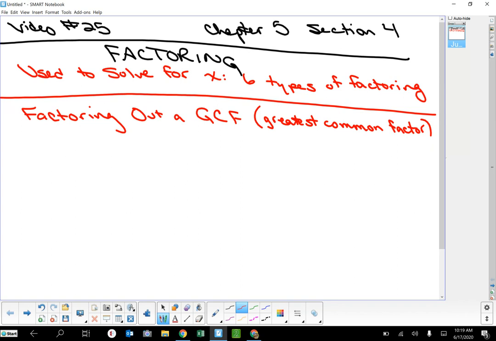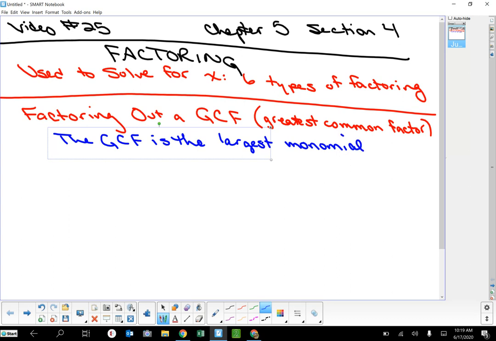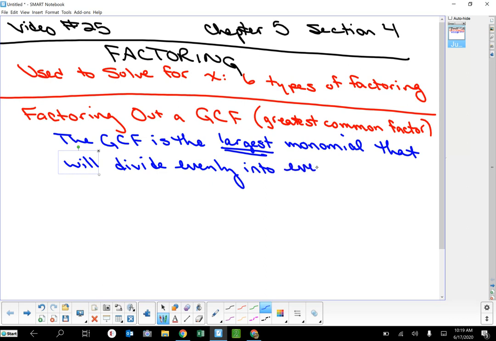The definition of a greatest common factor is that the GCF is the largest monomial that will divide evenly into every term of a polynomial. And it's your job to figure out what that GCF is.